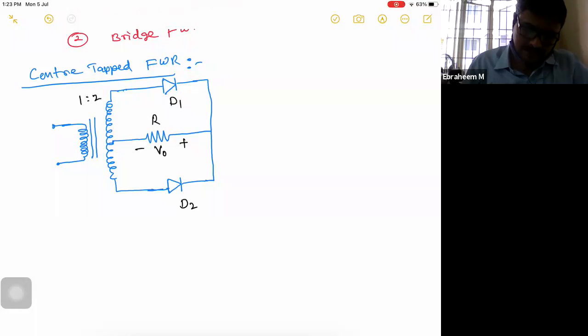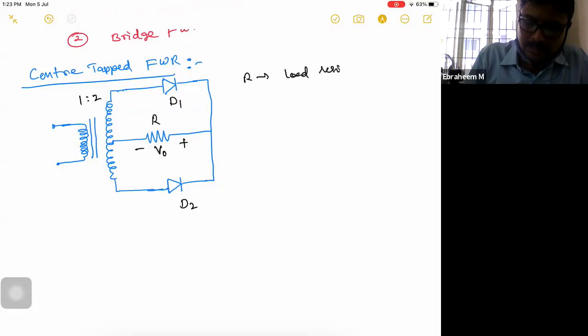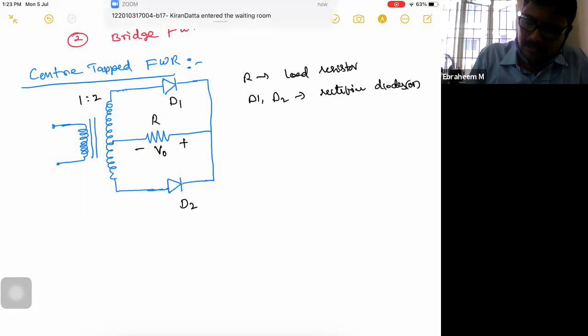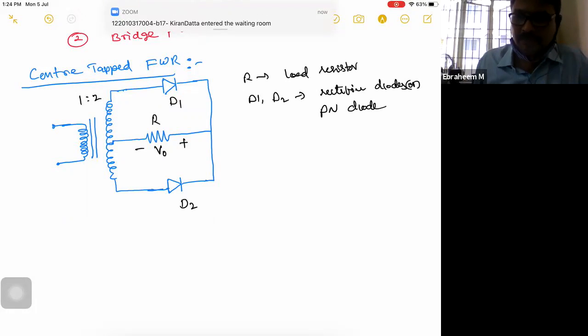So this is the circuit diagram of the center tapped full wave rectifier. Here R is a load resistor, and D1, D2 are rectifier diodes, PN junction diodes.